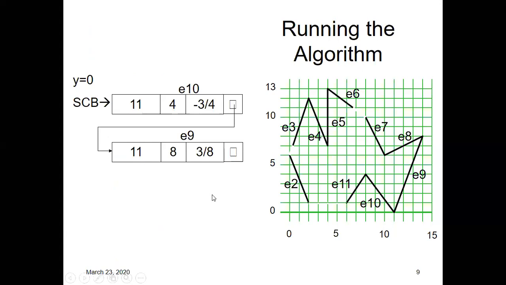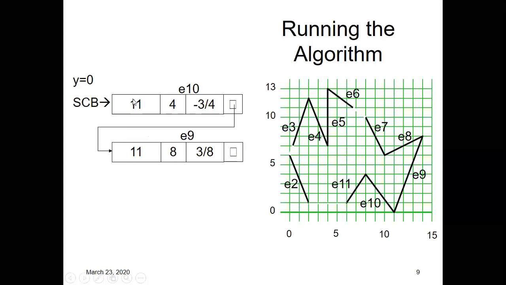Now the next step is, once you're done with the buckets, you need to fill from this x min to this x max, that is, from the x min of E10 to the x min of E9.